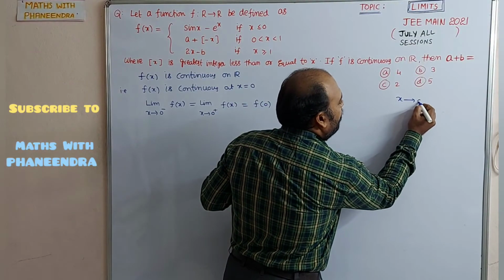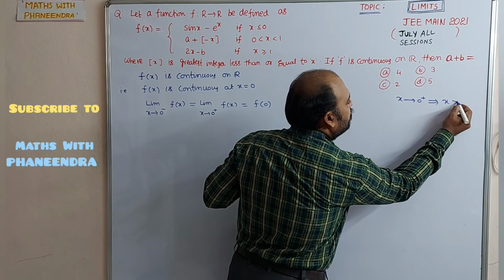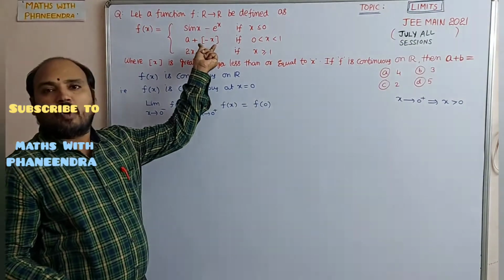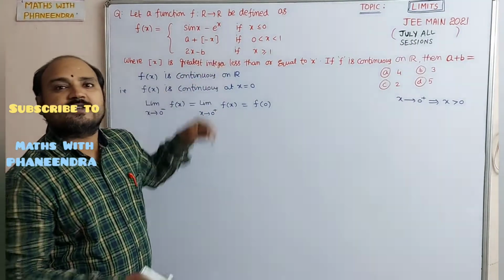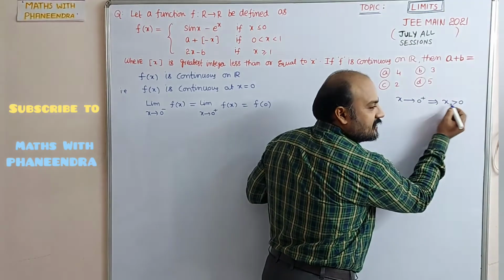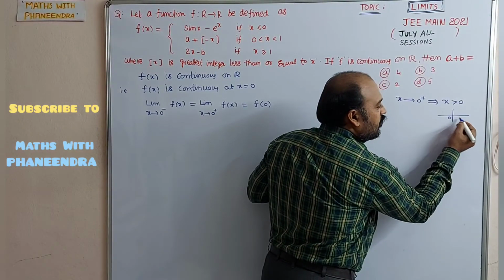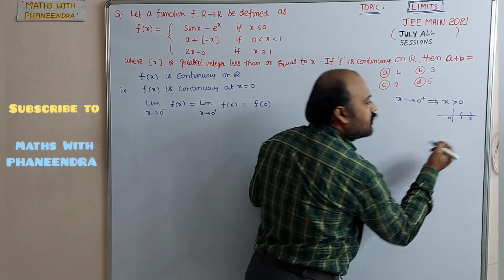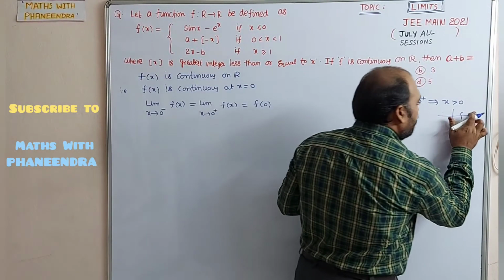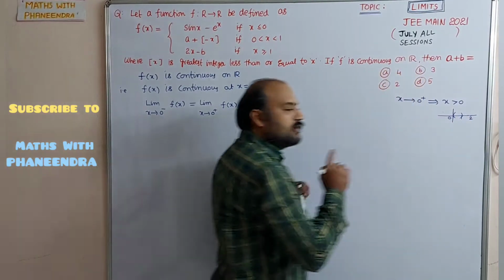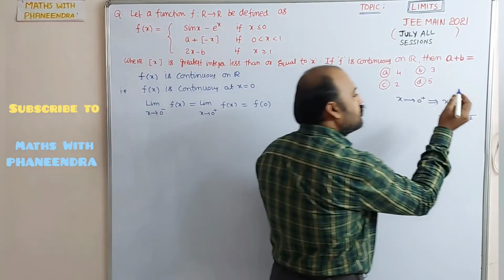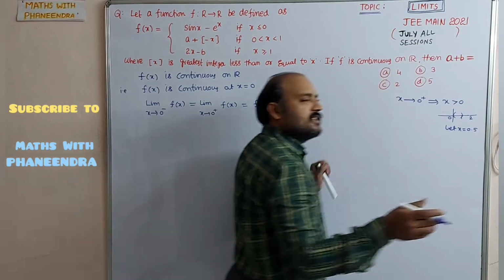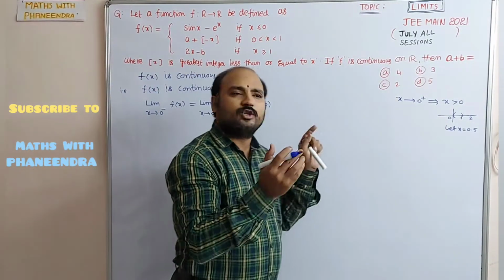x tends to 0 plus, that means x is greater than 0. First, we need to define the value of step of minus x. x is greater than 0 means it lies between 0 and 1 on the real number line. x value we can take as 0.something. Let us consider x equal to 0.5, 0.6, 0.7, whatever it may be, in between 0 and 1.